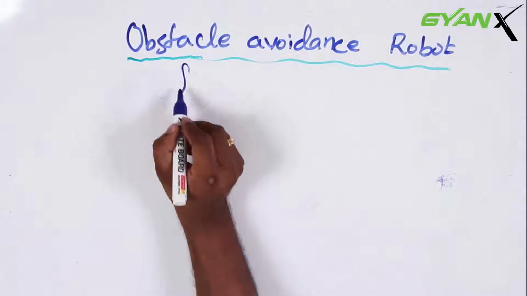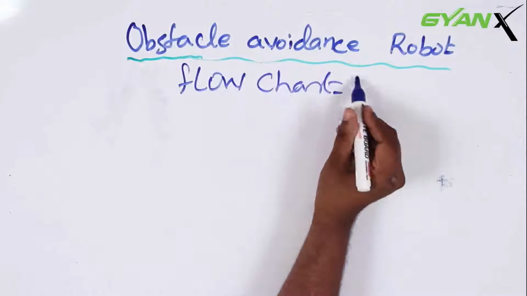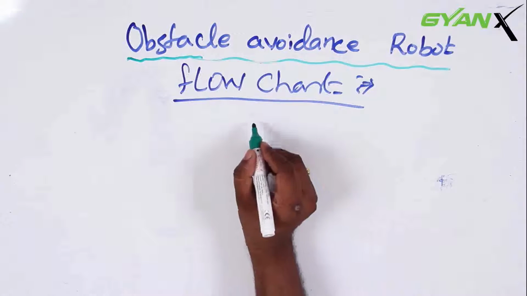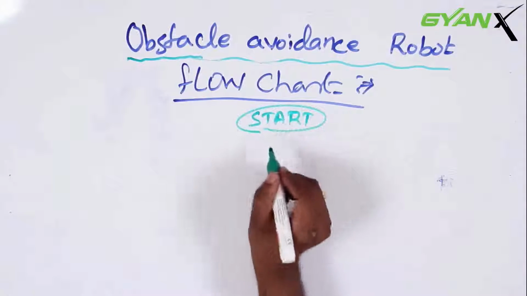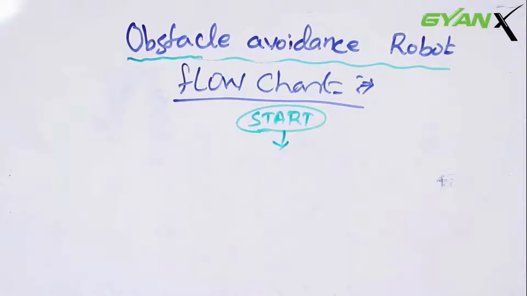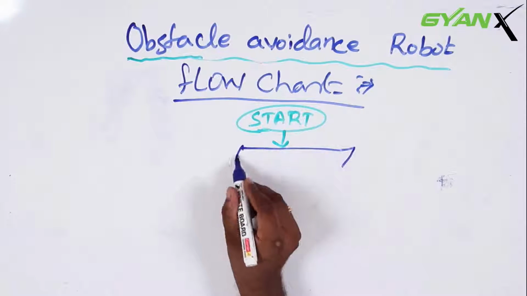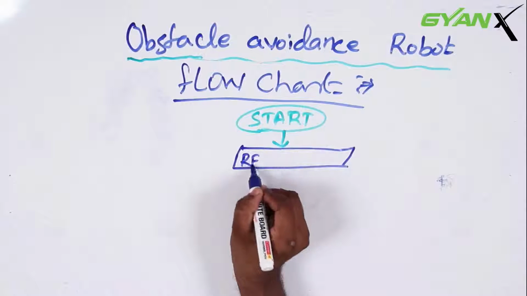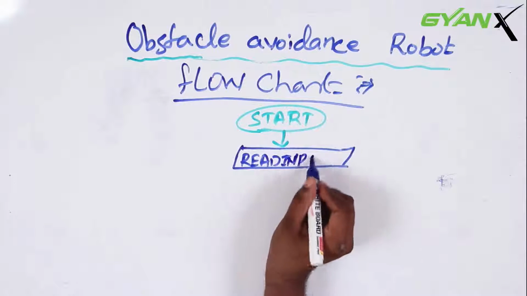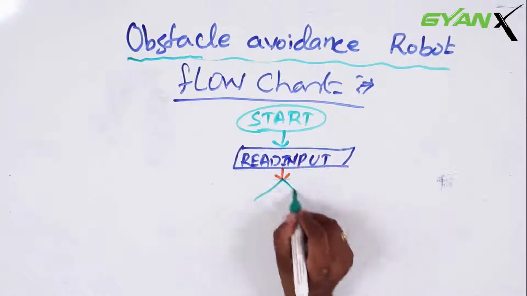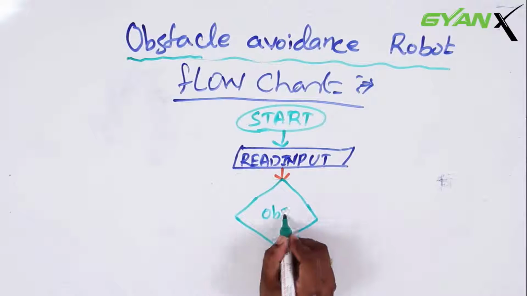Then the flow chart. Let's see the flow chart. Start. Read input, then you have a condition block: obstacle, question mark.